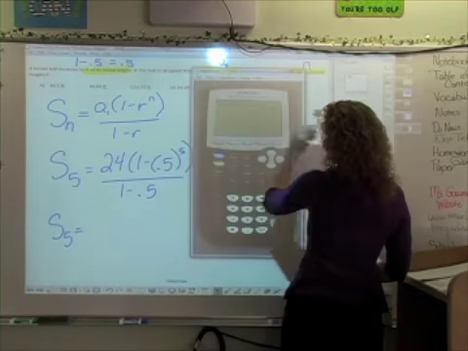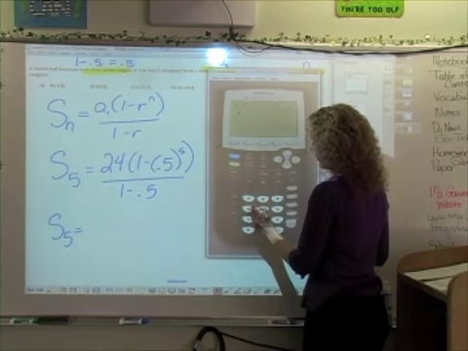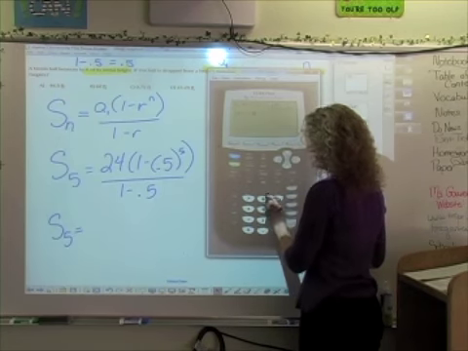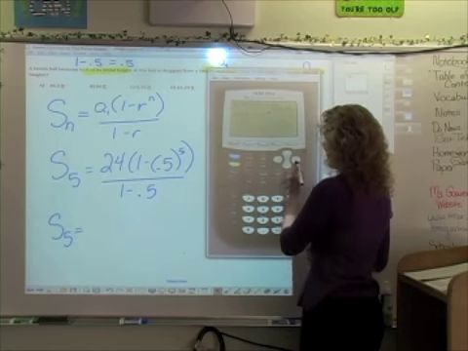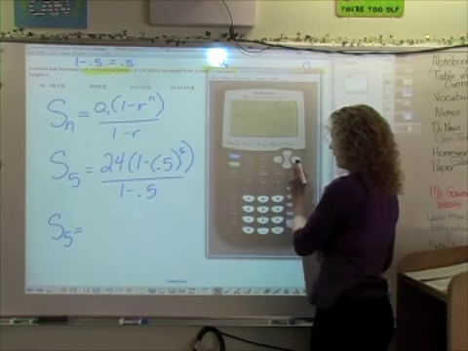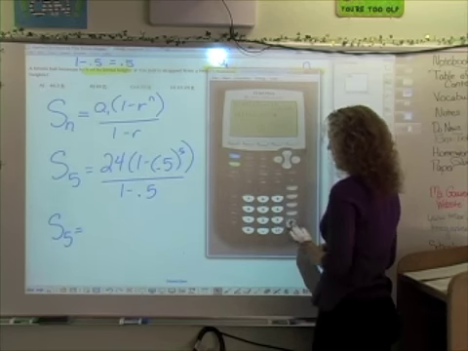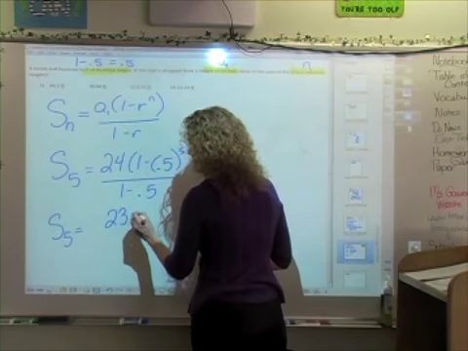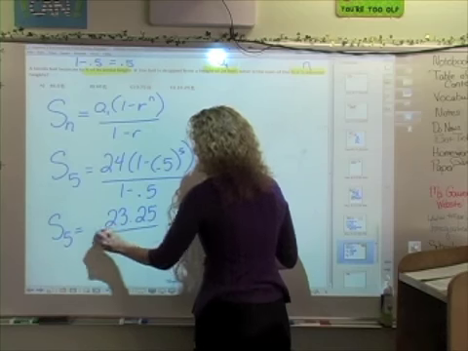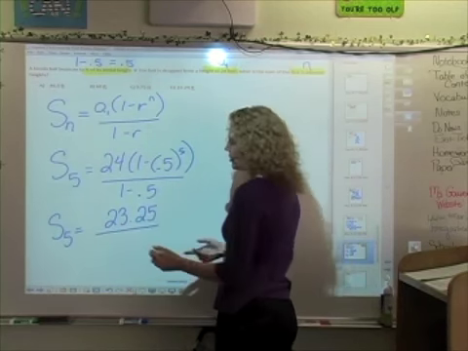So I'm going to put that numerator into my calculator. 1 minus, making sure that that 0.5 is in parentheses, raised to the 5th, pulling out of that by the over sign, and hit enter, and I get 23.25. So my numerator is 23.25. Now 1 minus r, again my ratio, is 0.5.